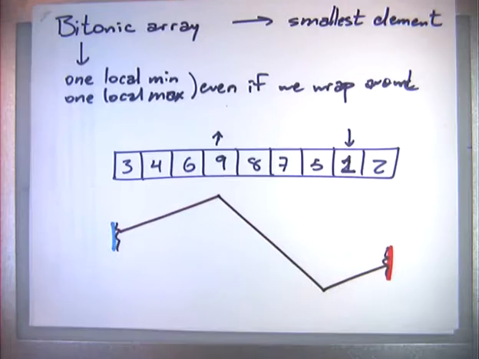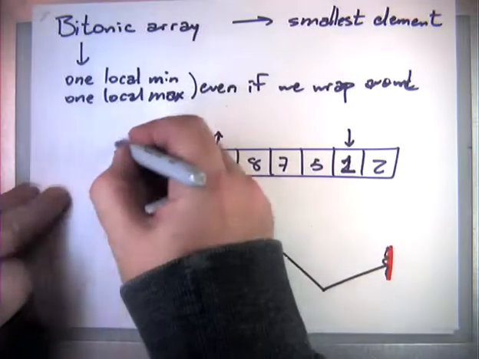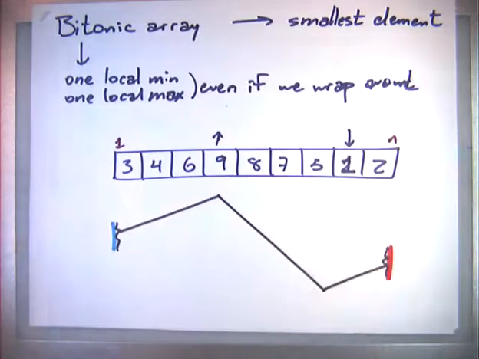So I want to do some local tests to get some information about the array. First of all, I've got this weird circular stuff going on. It'd be nice to break that. So the first thing I'm going to do is compare the elements at the ends of the array.